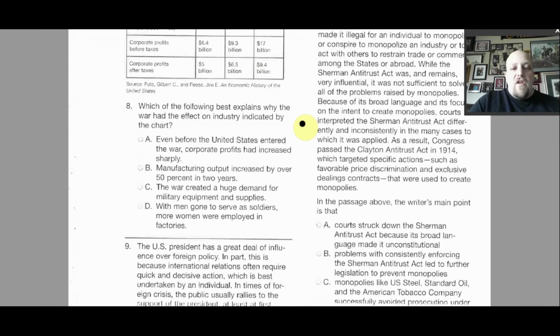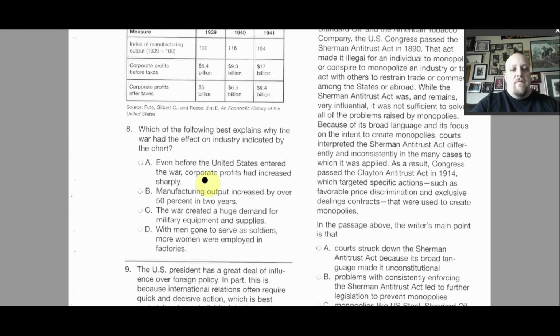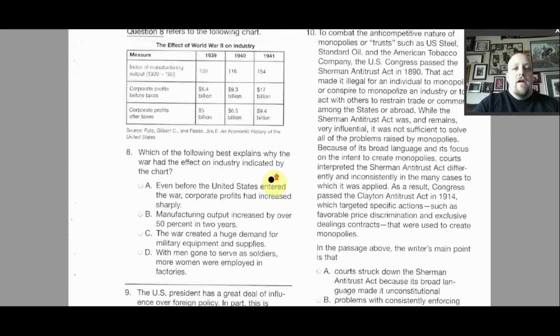So you want to look at the questions here. This one: even before the United States entered the war, the United States entered the war in 1941 after Pearl Harbor. So 1941, here's when we're going to enter the war. Did they increase sharply?